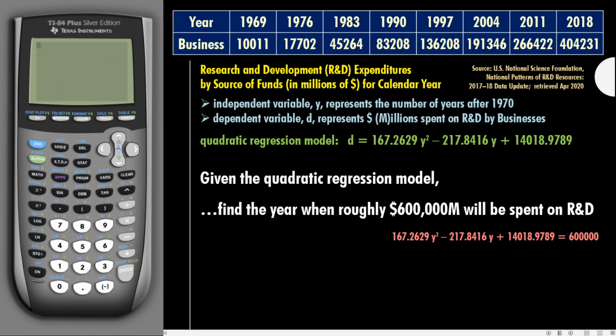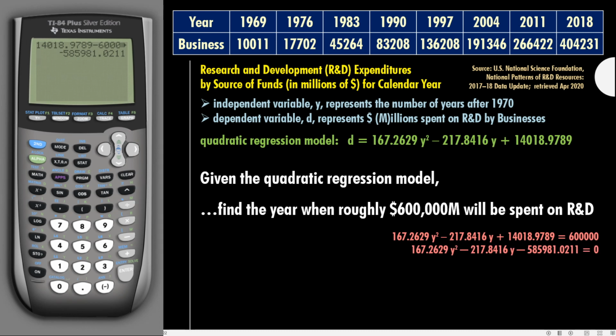Of the 4, only 2 seem most appropriate: graphing and the quadratic formula. In both cases, we need to make that equation equal to 0. To the calculator I go, where I type in 14,018.9789. I subtract 600,000, and I come up with a brand new constant, which I replace into my equation so that the equation now equals 0.